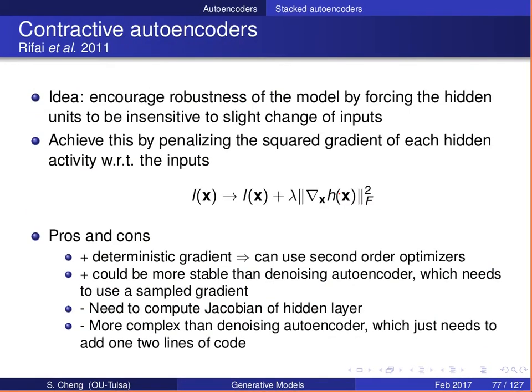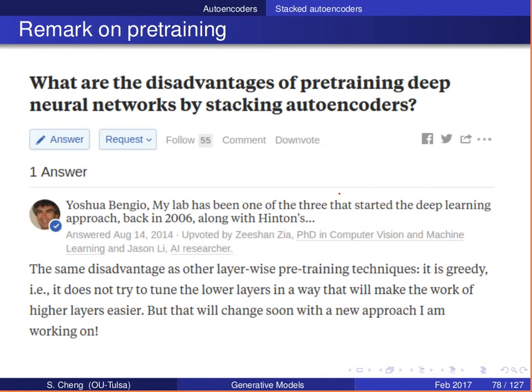Actually, all the results I mentioned here, up to 2011, use some pretraining to apply to the weights, and then they use backprop. I went through this very quickly for another reason.